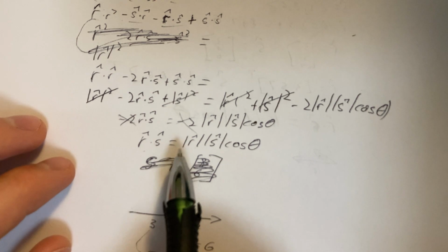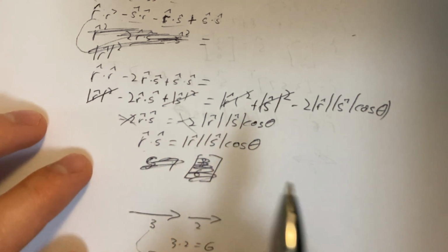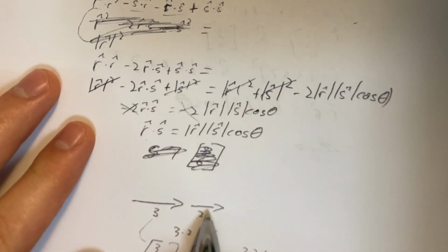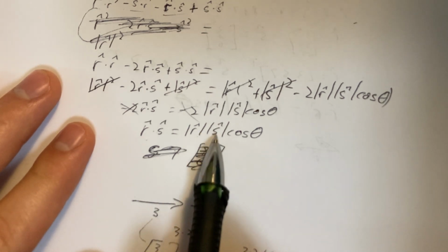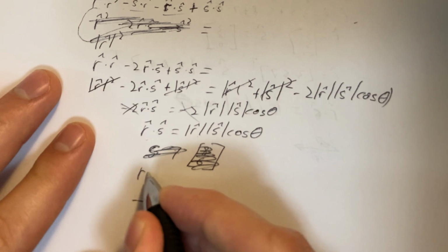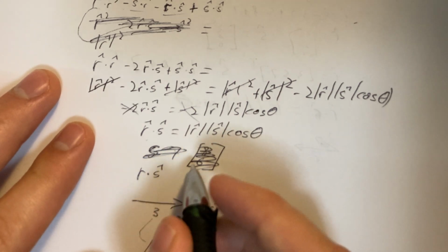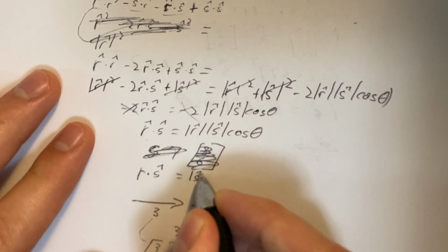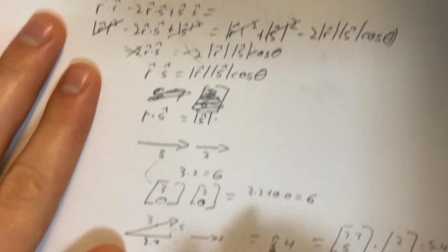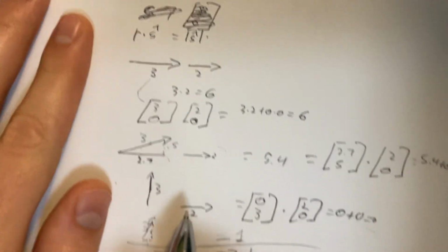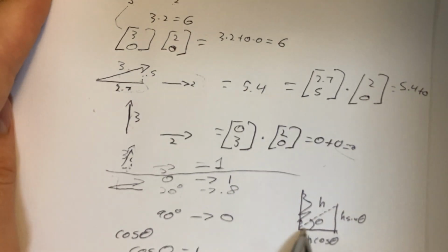The dot product of the two vectors, this multiplied by this, well, it's going to equal the length of s times a fraction of r, this part of the triangle.